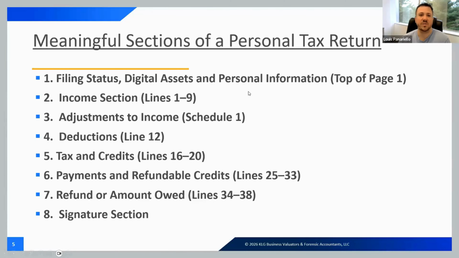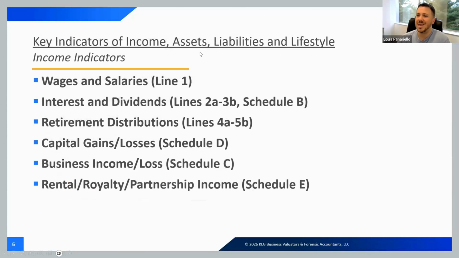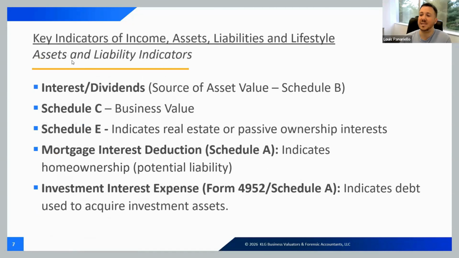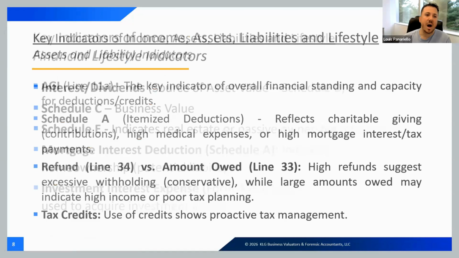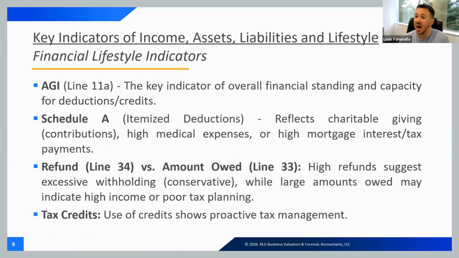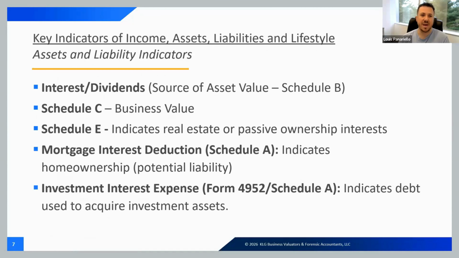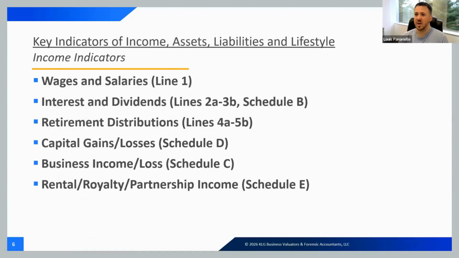We did provide sort of a little bit of a roadmap, key indicators for income, key indicators for assets and liabilities, for financial lifestyle, and it's just the different parts of the tax returns that we go to in order to vet out these various concepts, income and assets and lifestyle.